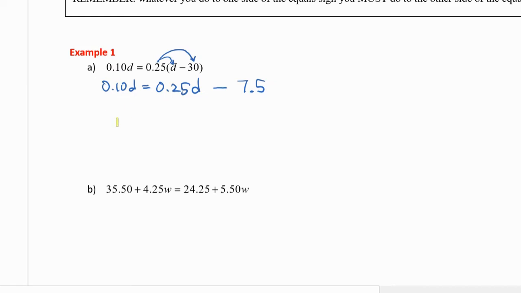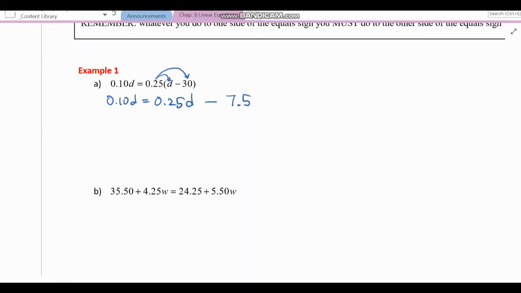Remember, our final goal is to isolate the variable. So we're going to isolate the variable on one side by subtracting 0.25d from both sides. Because when there's no sign in front of the number, the sign of the number is plus, positive.